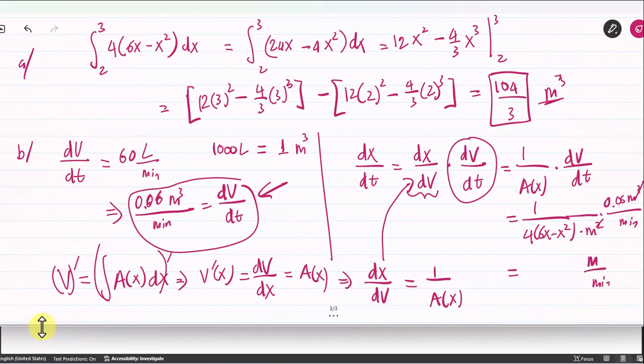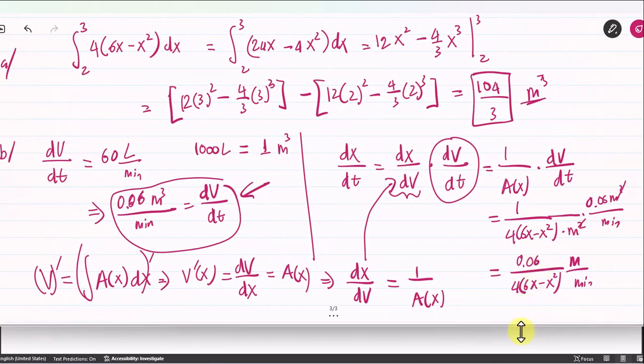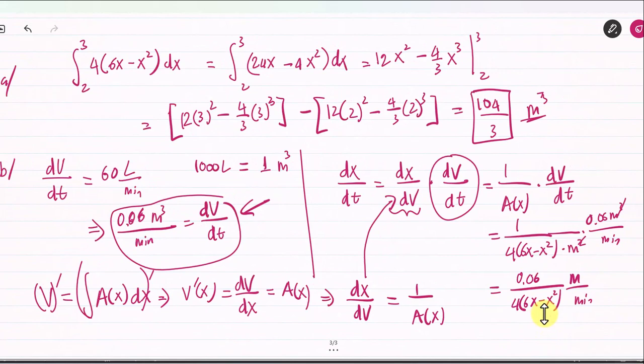Then you have 0.06 divided by 4 times (6x minus x squared), and you can simplify this by dividing 0.06 by 4, which is 0.015.